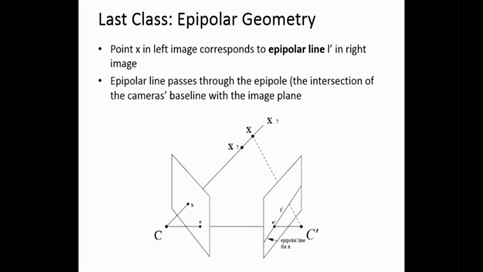So if you're trying to match a point, given some point X where it appears in the first image, you know that it lies somewhere on this ray from the camera center through this pixel. That will correspond to a line, and that line is given to you by the essential matrix or the fundamental matrix.